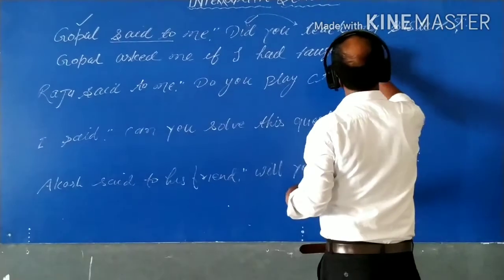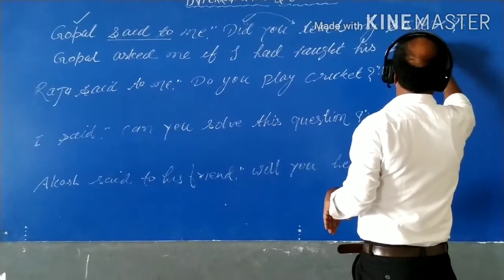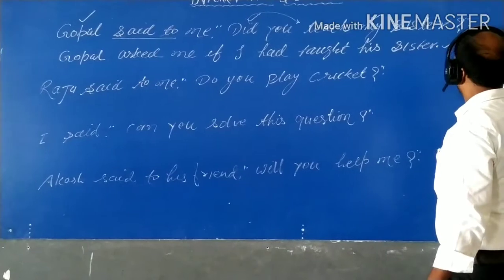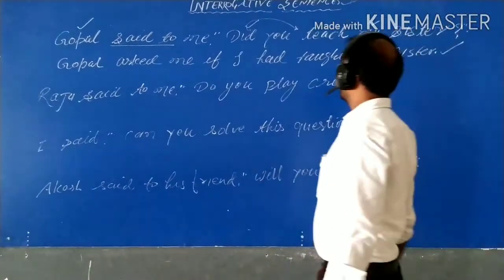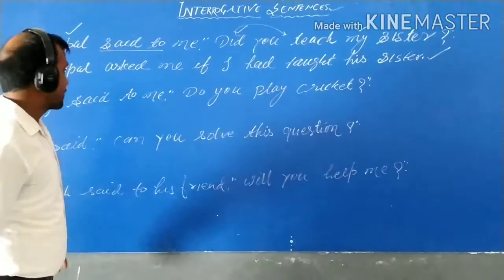So "my" will change into "his", and "sister" stays sister, and here a complete indirect speech is formed. So students, I think you have got that. How can I change?